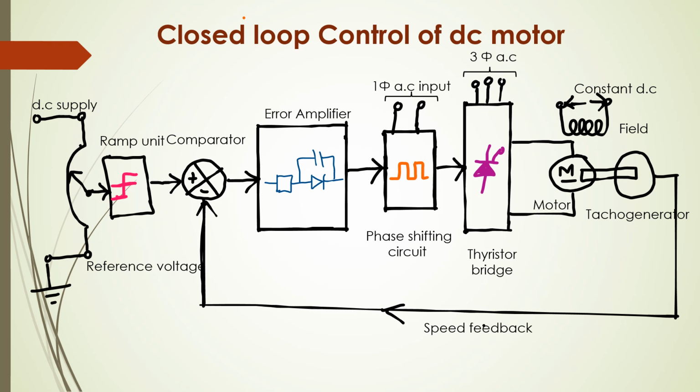Whereas we have not seen how the thyristor gates are being provided a voltage, and that is what is shown here. The gate potentials are obtained by this feedback part if it is a closed loop system. And with the help of tacho generator, we sense the speed, and that is fed back to the comparator. And this is the field winding where we have a constant DC supply, as this is an armature control method.